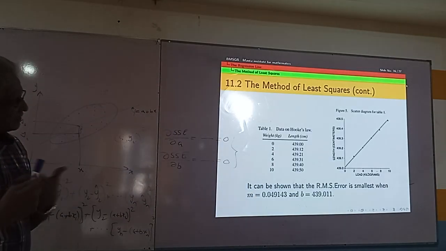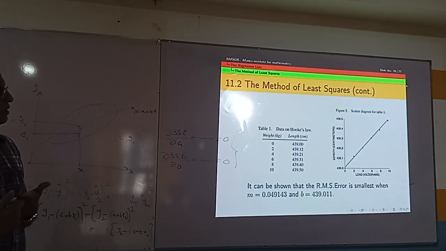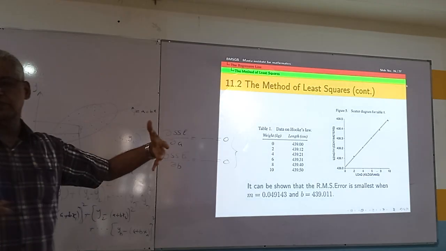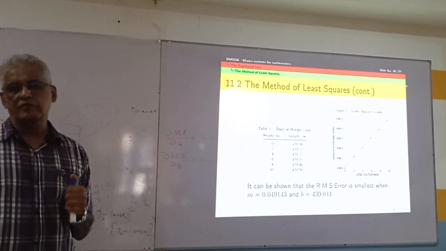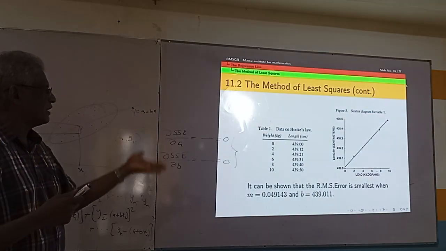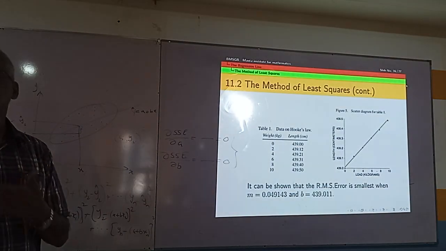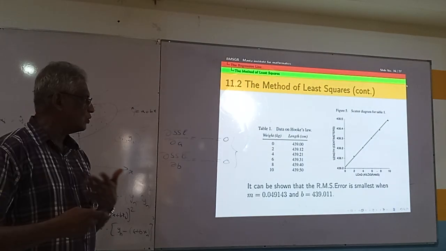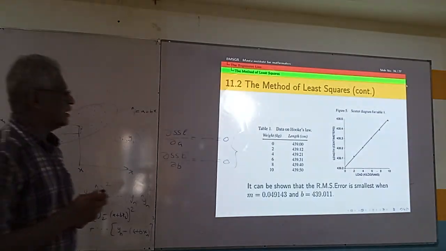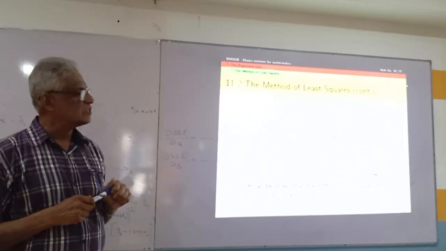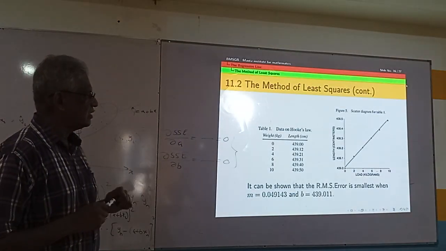When they plot the data, of course, they are very close to a straight line. Of course there is an actual physical relationship between this weight and the length. But because of some measurement errors and so on, random errors, they are not going to be exactly on the line in these kinds of practical situations. So that was the picture that they got.